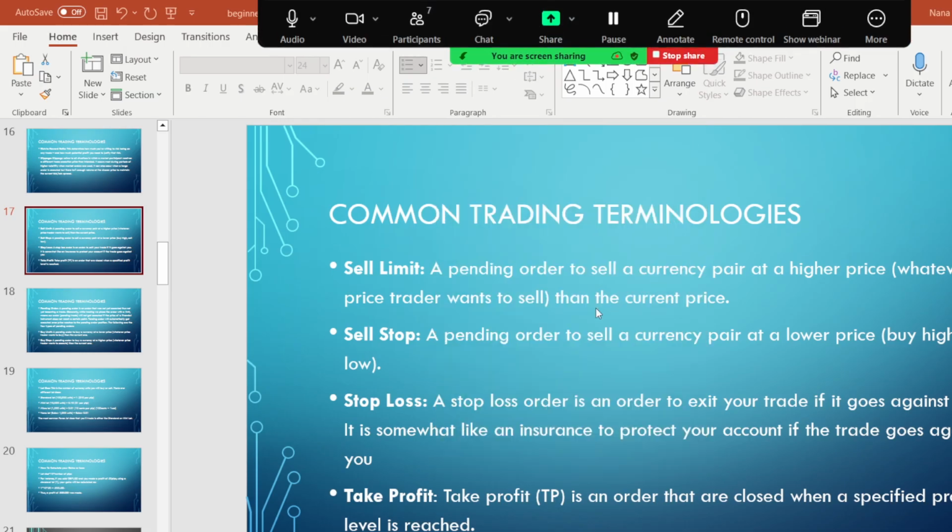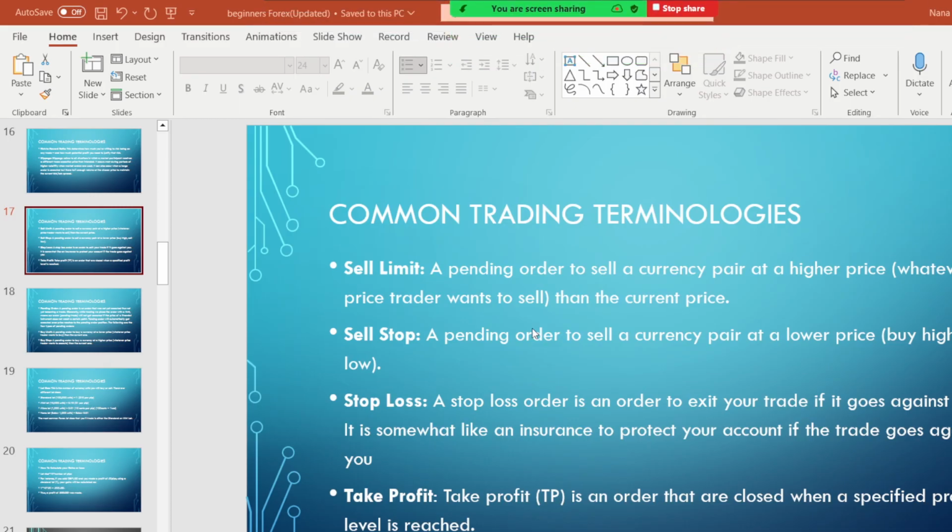Okay, so the last time I was talking about certain orders, or certain trades, that we place on the forex market. So I spoke about the fact that you can either have an instant execution, that is, you either buy or sell, or you can execute a pending order.